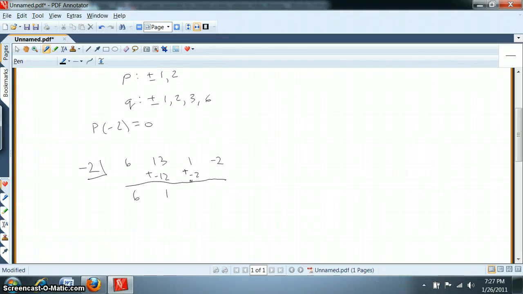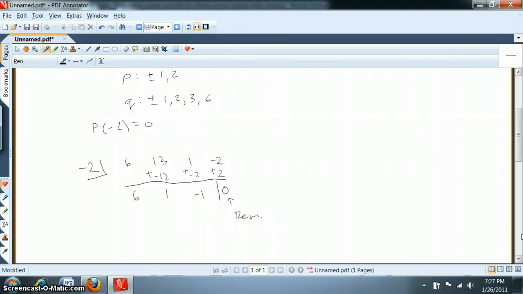Again, we add the coefficients. So we're going to get negative 1. Negative 2 times negative 1 would actually be positive 2, and notice the last number that we get is 0, and that's the remainder. And this is what we want. If the remainder is 0, then we know we have a zero. So negative 2 is a zero.